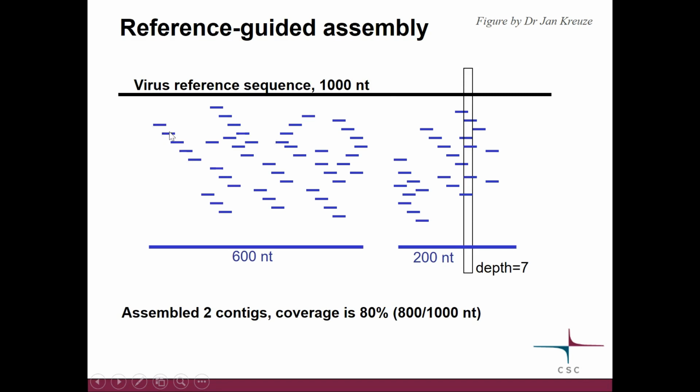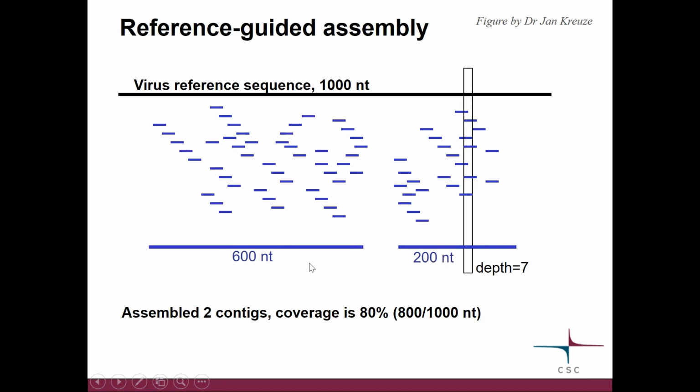So what we do is we match the sequence of the read to the virus sequences, and then we look for overlapping reads like what we have here, because those we can combine together and construct these contigs. So this particular contig here is 600 bases long, and then we have another one here which is 200 bases long.